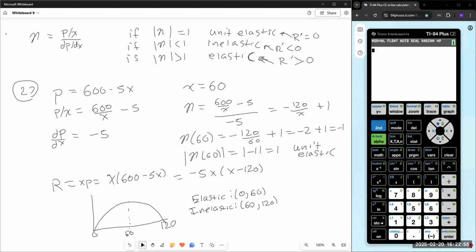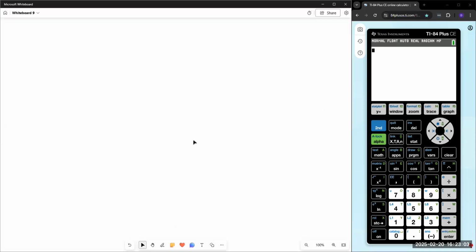Let's look now at number 28. 28 has the demand equation P equals 400 minus 3x, and our quantity of demand is 20 units.